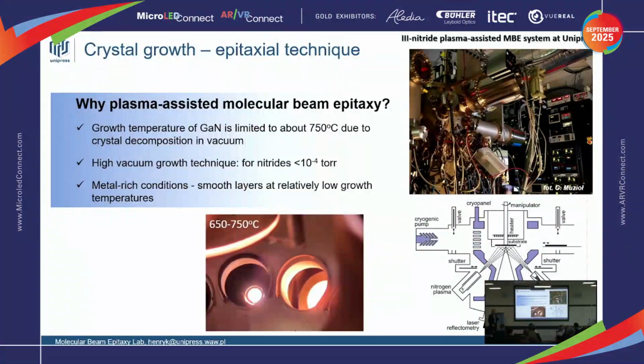This brings you to growth temperatures accessible by MBE of roughly 750 C, because at higher temperatures your crystal starts to decompose in vacuum. But throughout the years, as people have been working more and more with MBE, we came up with a way to grow pretty nice crystals at relatively low temperature, which is to use metal-rich conditions instead of nitrogen-rich conditions.